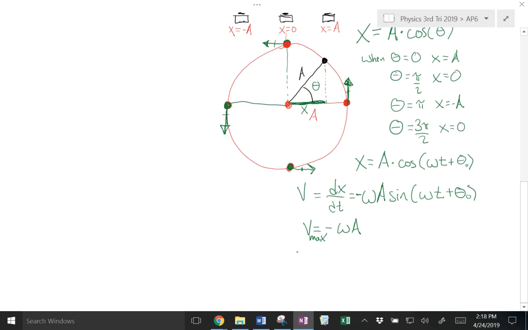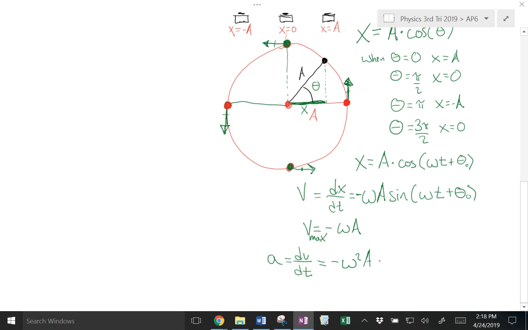So if we take the derivative of that with respect to time, that's going to give us the acceleration. So I do the chain rule again. So the derivative of the inside is again omega. That's going to give me omega squared out front. And the derivative of the negative sine of x is the negative cosine x.